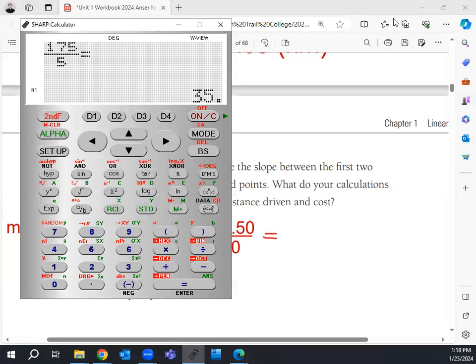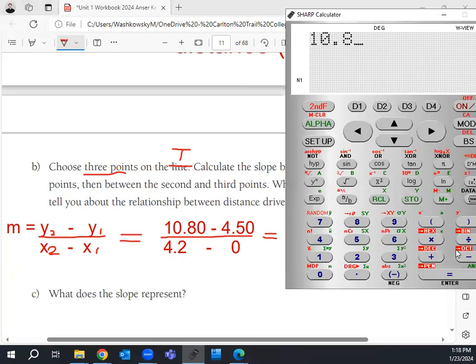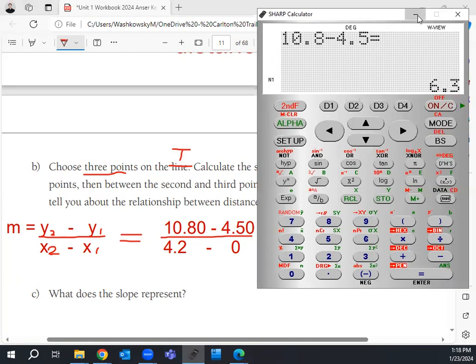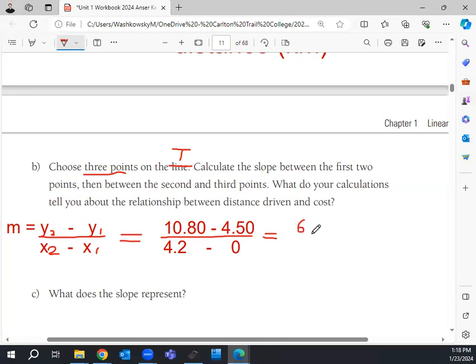So if I do that, 10.8 minus 4.5, calculators are allowed in the class. It's going to give me 6.3. I'm just going to write that in for now as a decimal, 6.3.